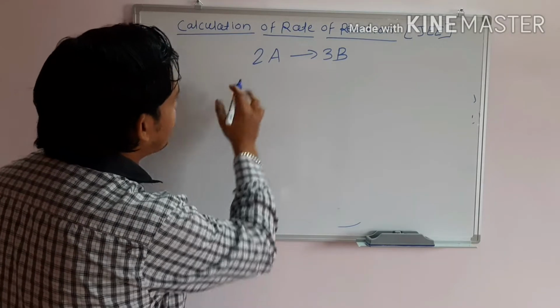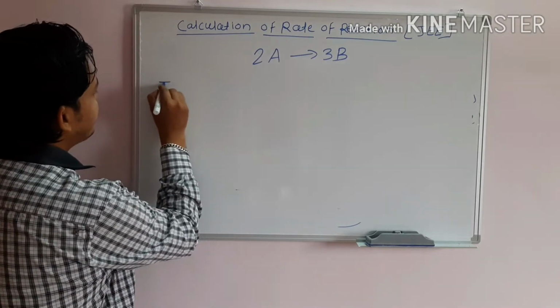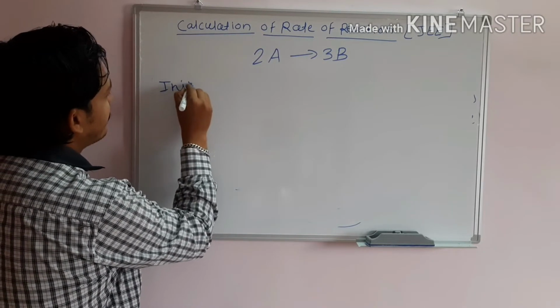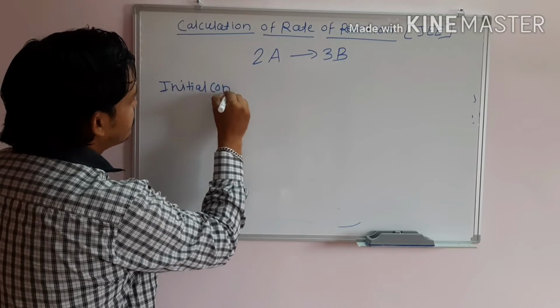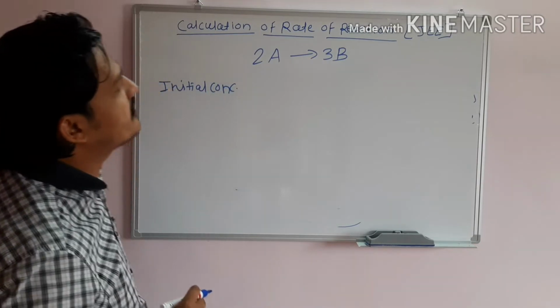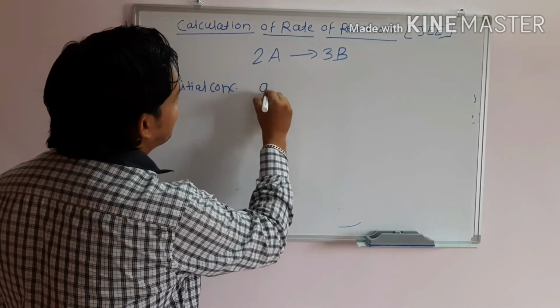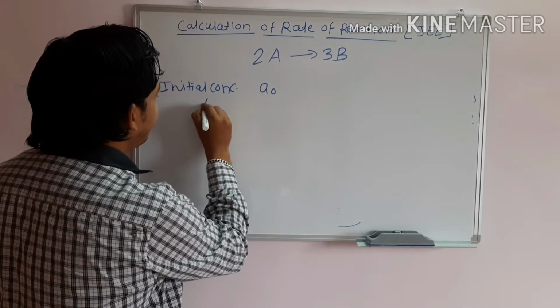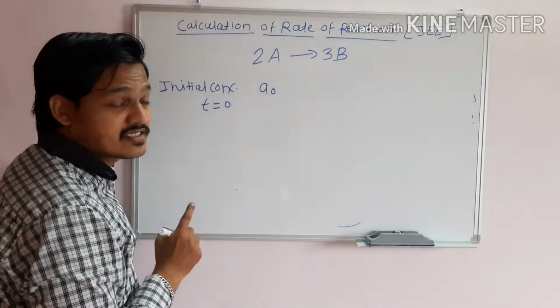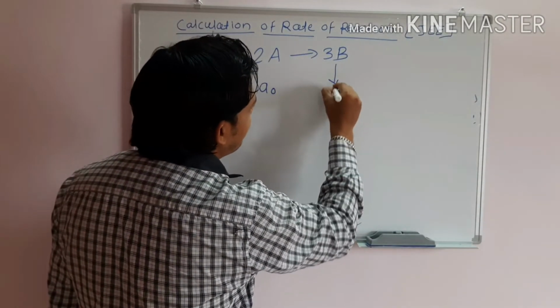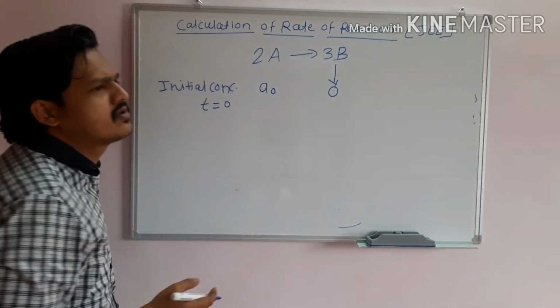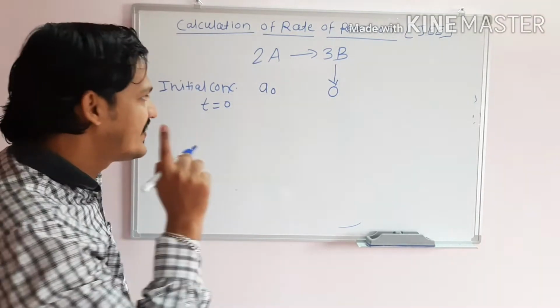So twice A, initial concentration. What is the value of initial concentration of reactant? It is A0 at time t equal to 0. Remember the last point. What is the value of B? Initial concentration is 0 because the reaction has not started yet.